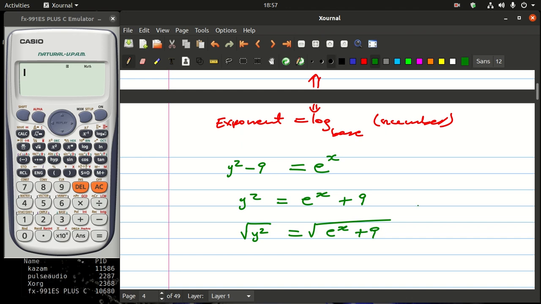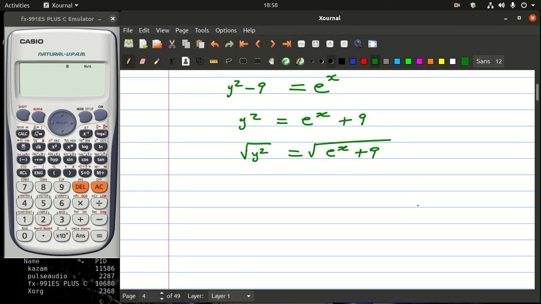Now, if you look into this, I have just taken the square root on both sides. And we cannot just say this is going to be y. What if y was negative? We start to have issues if y is negative.